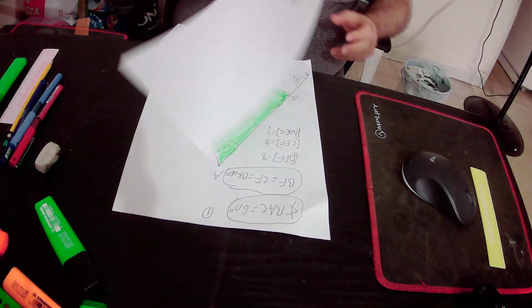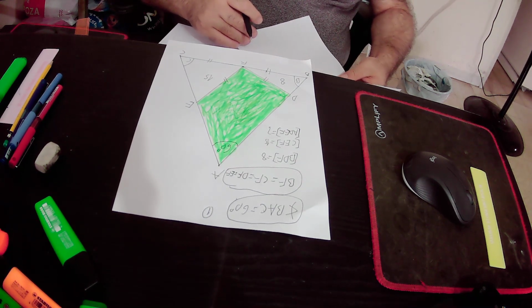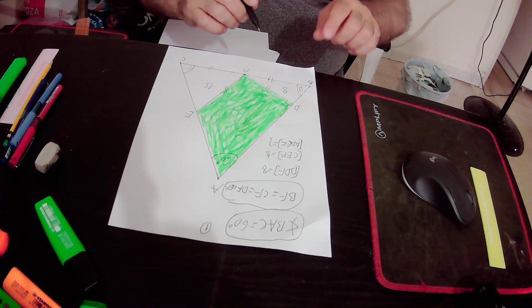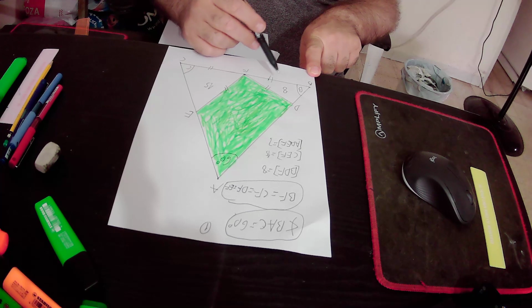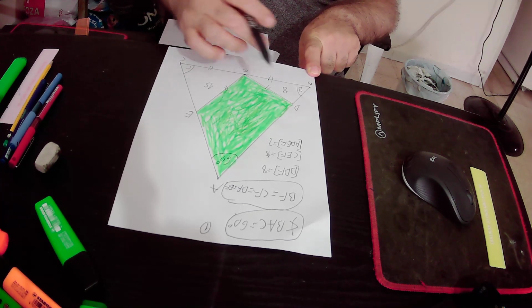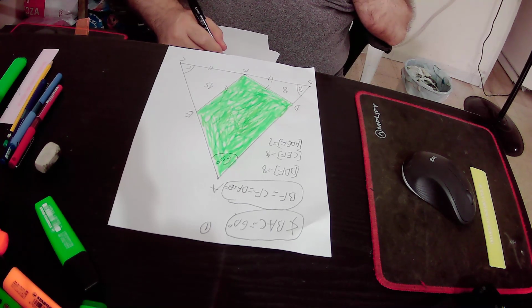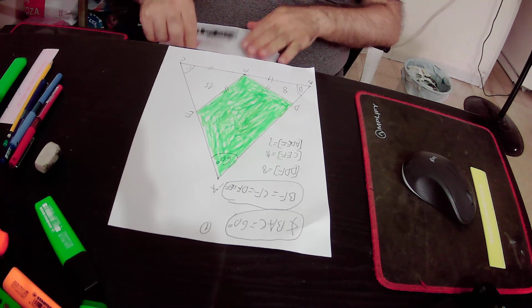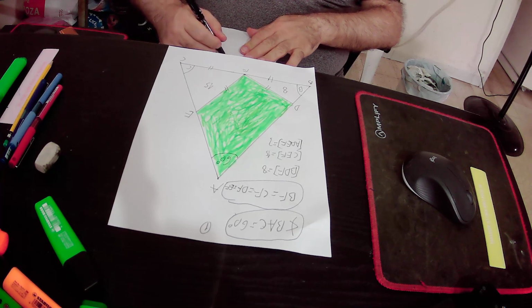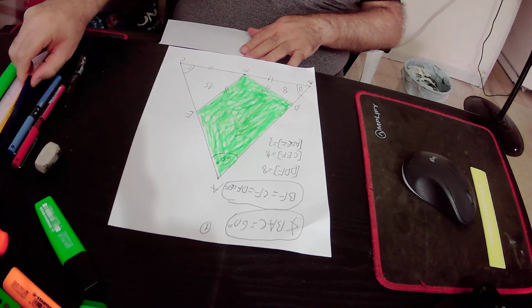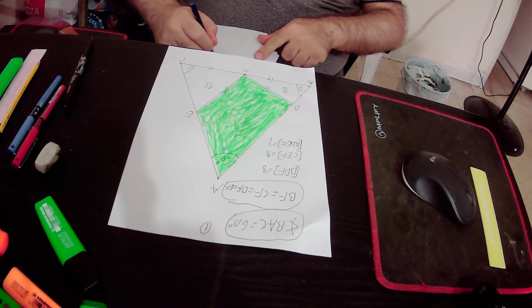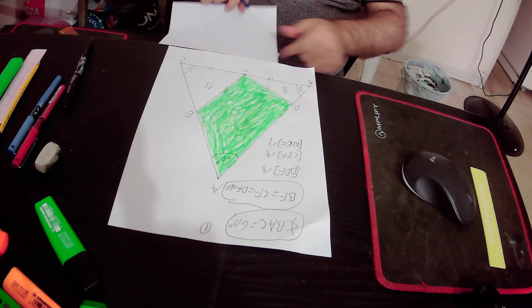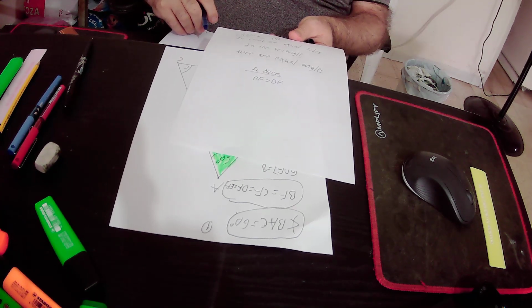So according to rule number 2, we know it is given in the question that in triangle BDF, BF equals DF, side BF equals side DF.